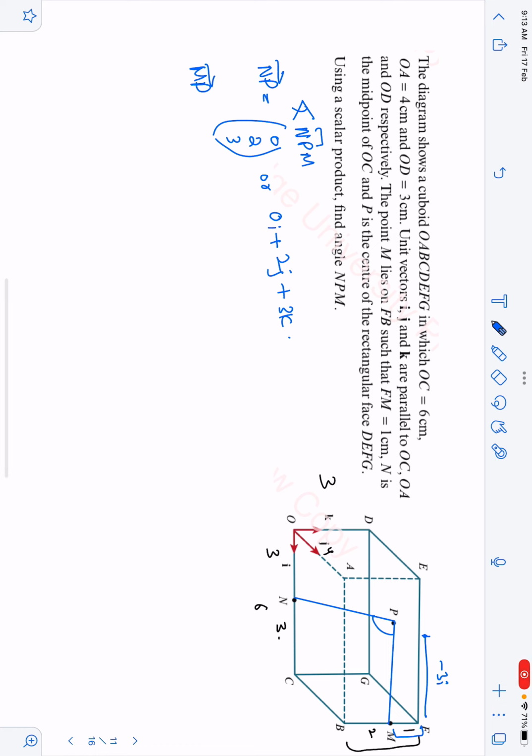MP is going to be 1k, negative 3i, and negative 2j. I can even write it this way. It goes up 1 unit, that means 1k, negative 3i, and then negative 2j.